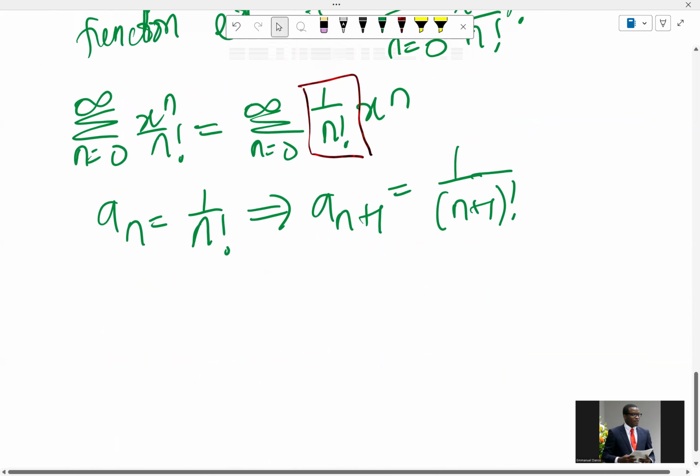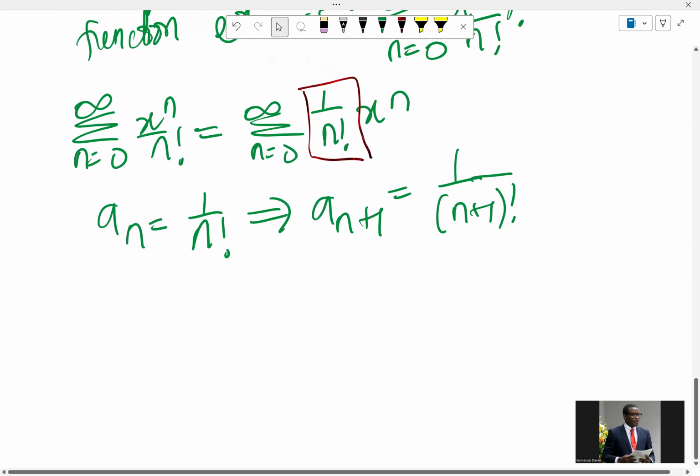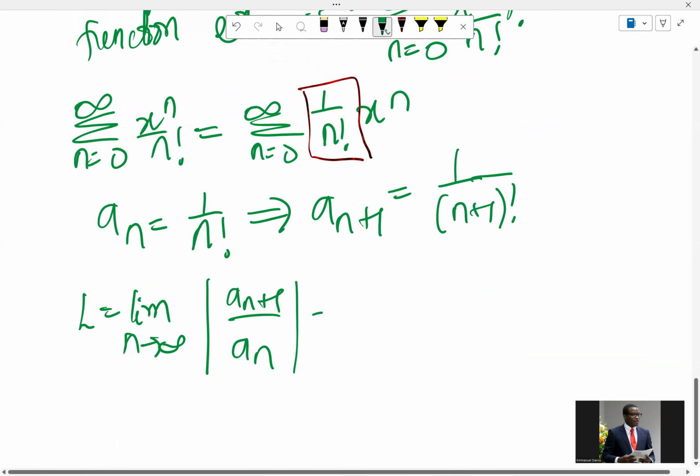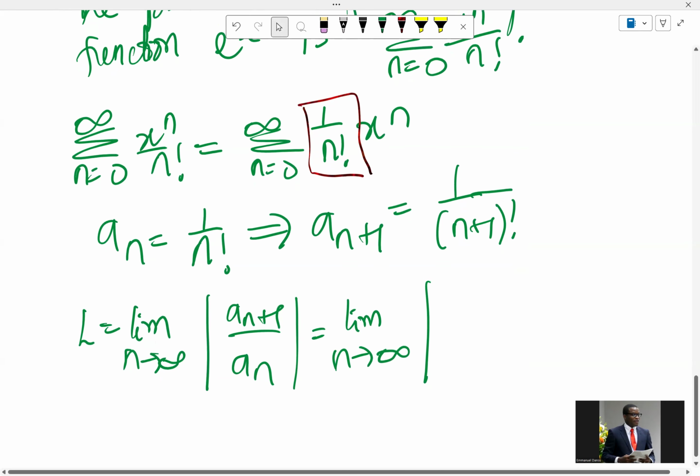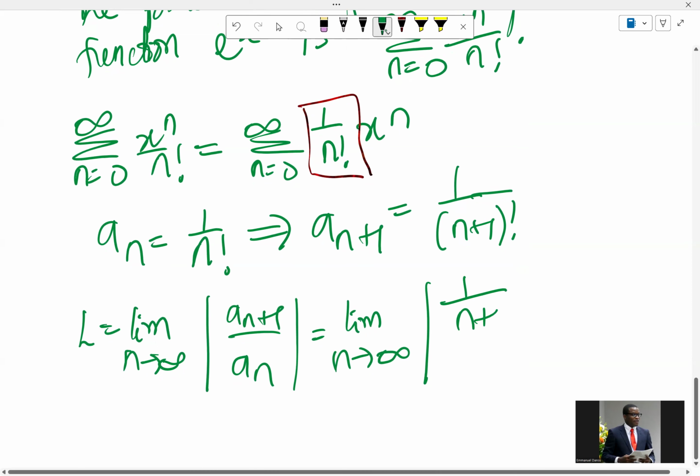So here we have L now, which is the limit as n approaches infinity of the absolute value of a_(n+1) over a_n. That is the limit as n tends to infinity, where a_(n+1) is 1 over (n+1) factorial, divided by 1 over n factorial.